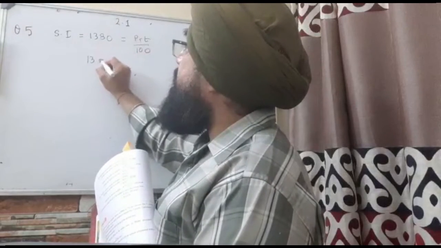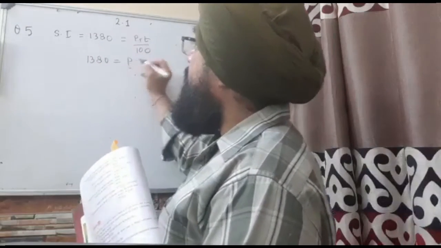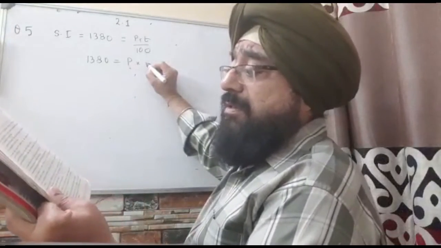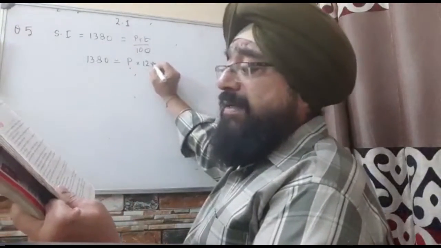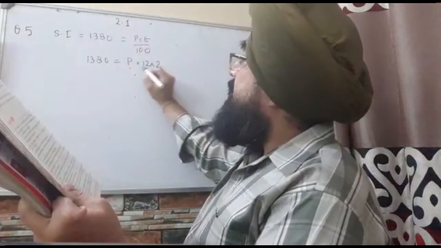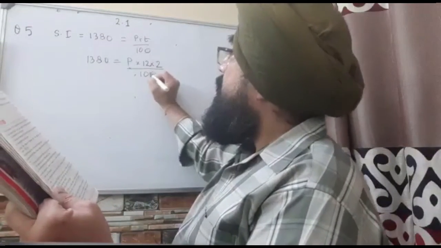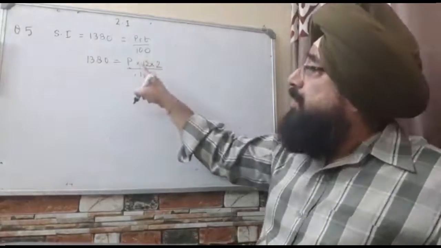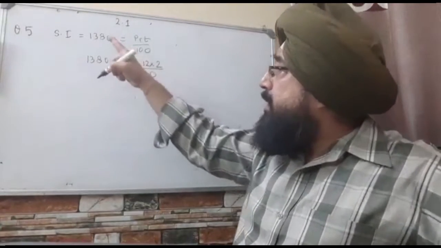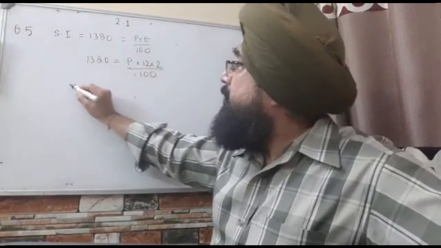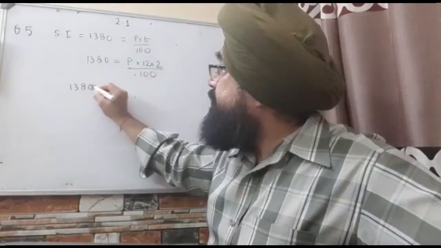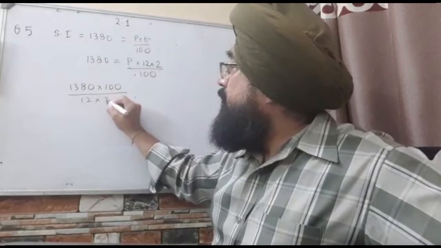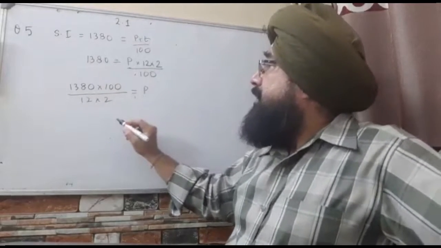So 1380 is equal to P, which we don't know, on a certain sum. Rate is given as 12% and time is 2 years, upon 100. So we can easily calculate the principal which was borrowed: 1380 into 100 over 12 into 2 is equal to P.